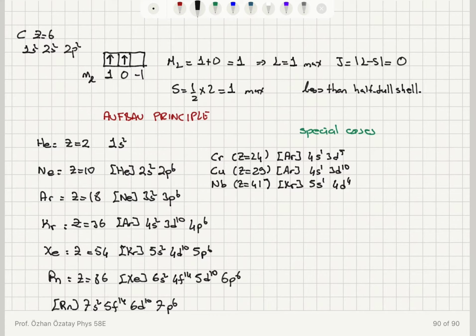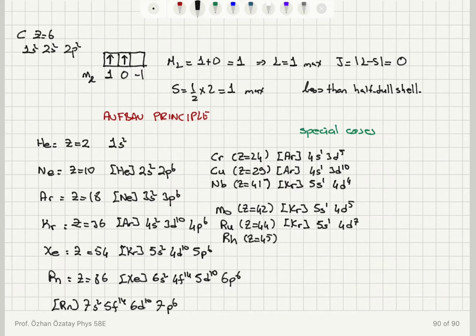For molybdenum, Z is equal to 42, we have krypton 5s1, 4d5. For ruthenium, Z is equal to 44, krypton configuration 5s1, 4d7. For rhodium, Z is equal to 45, we have krypton configuration 5s1, 4d8.